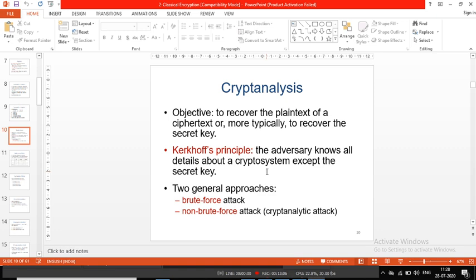Whatever I know about him, I try all of it. That is called a brute force attack. Trying all possibilities to break the security of your friend's mobile or mail ID. Non-brute force attacks means using some algorithm or techniques.